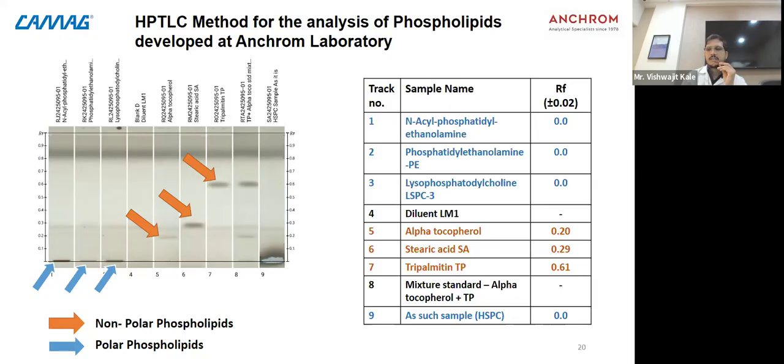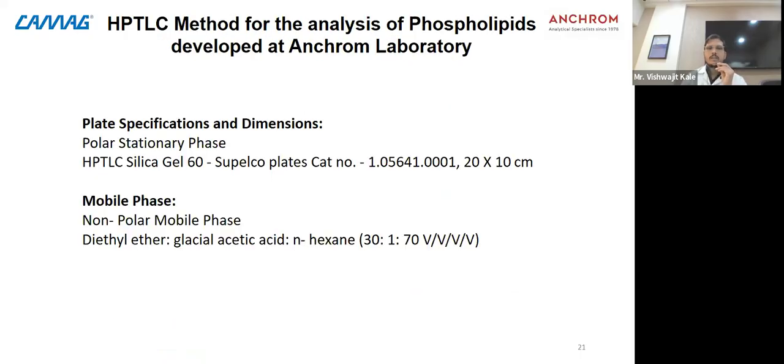HPTLC offers this benefit of photo documentation and to observe the actual separated phospholipids and their impurities on the plate, whether polar or non-polar in nature. The mobile phase we can develop will be versatile to separate all.